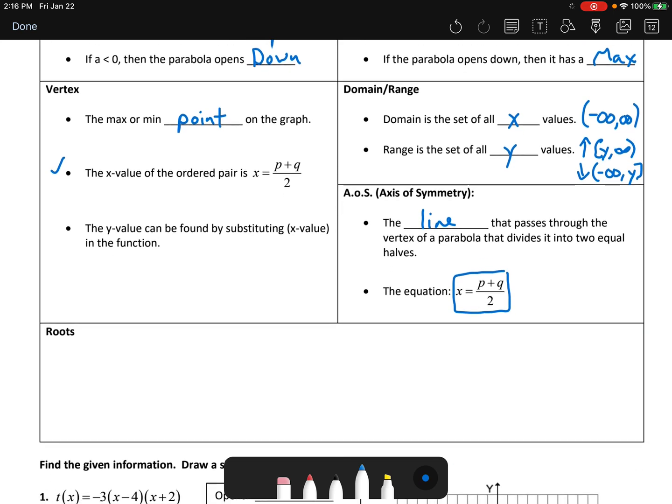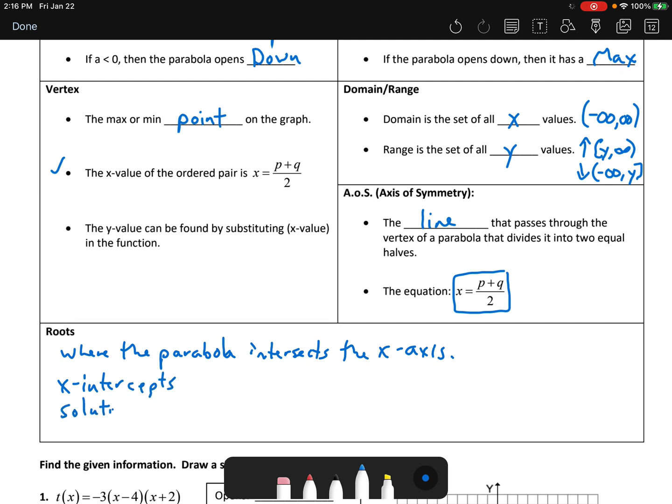Now the roots are obviously where the parabola intersects the x-axis. The other names for that are x-intercepts, solutions, and zeros.